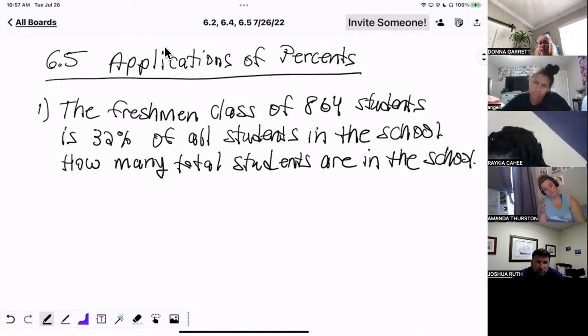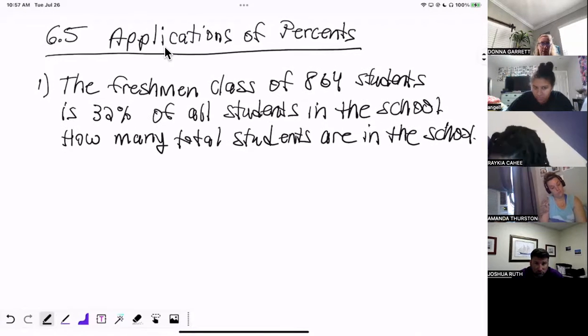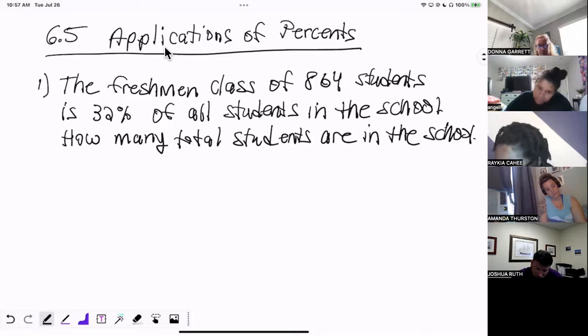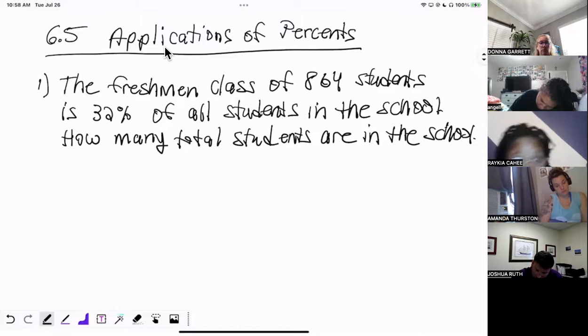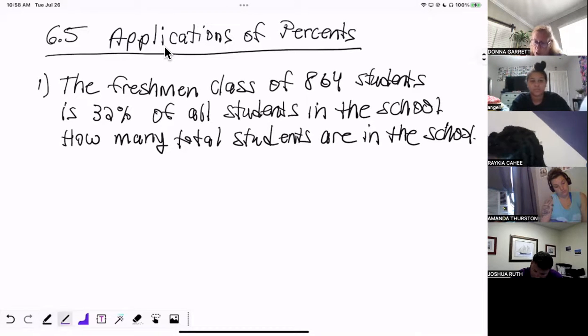So if we know 32% of the school is 864 freshmen, we can find out how many total students are in the school by doing what we just did, proportion. It's just in a word problem fashion. Guys, I don't know if you realize the words is and of are still here. Here's your of, here's your is, although that's percent, you got a percent.